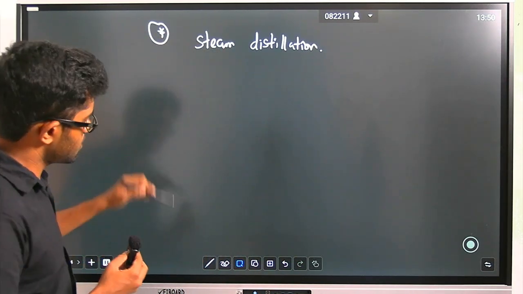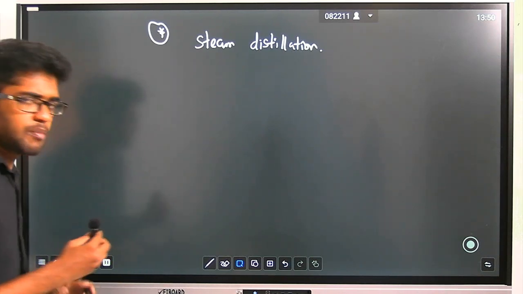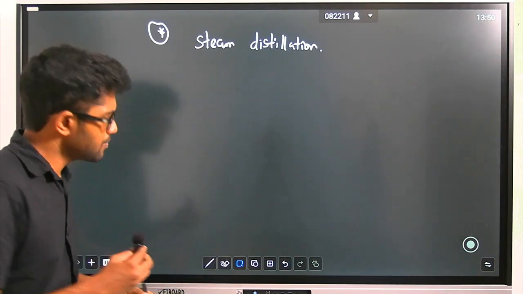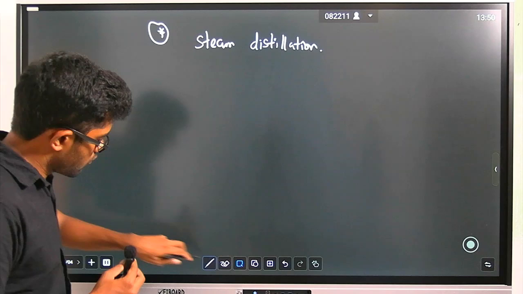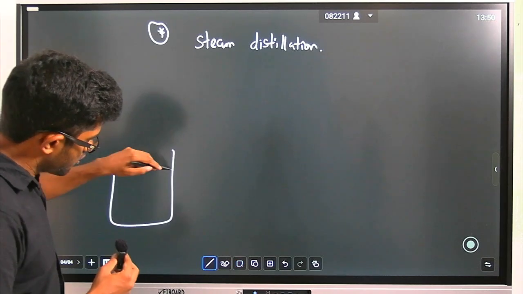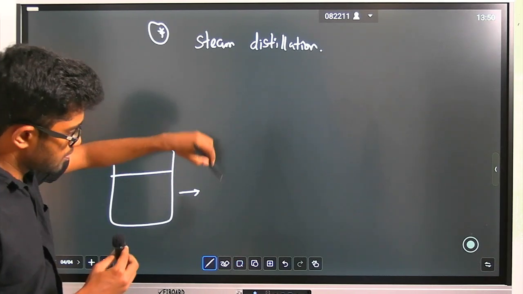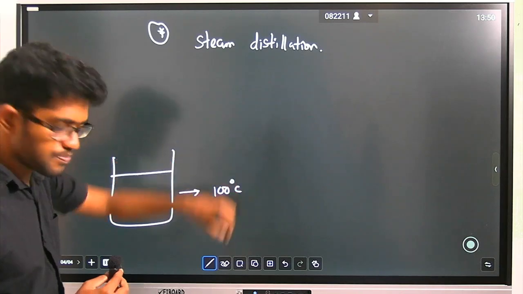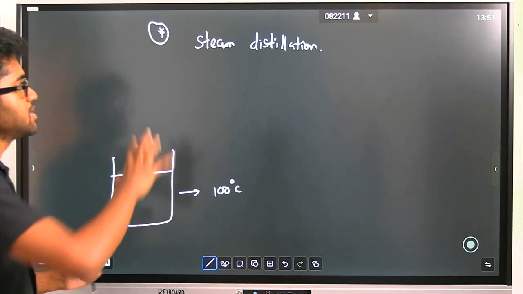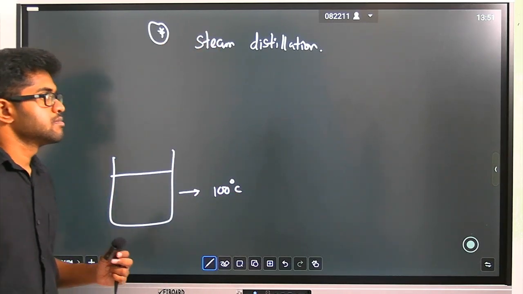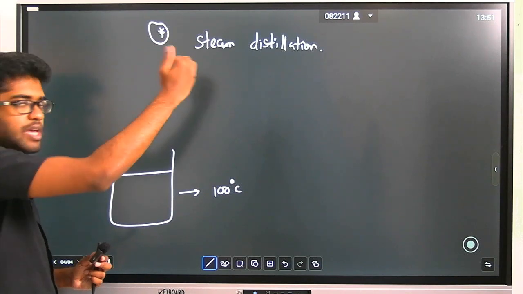Now, let's say, I'll take the example which is given on your resource book, the textbook, as well. If you take water, what's the boiling point of water under our atmosphere, which is 100 Celsius? Normally, this steam distillation is used in various industries.